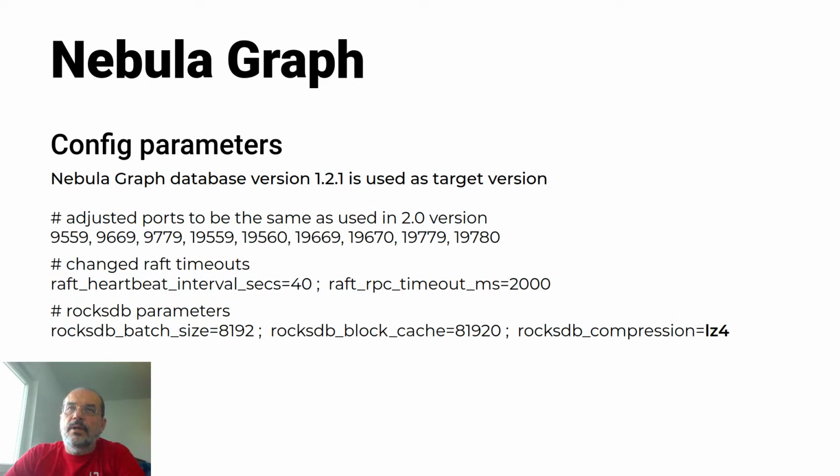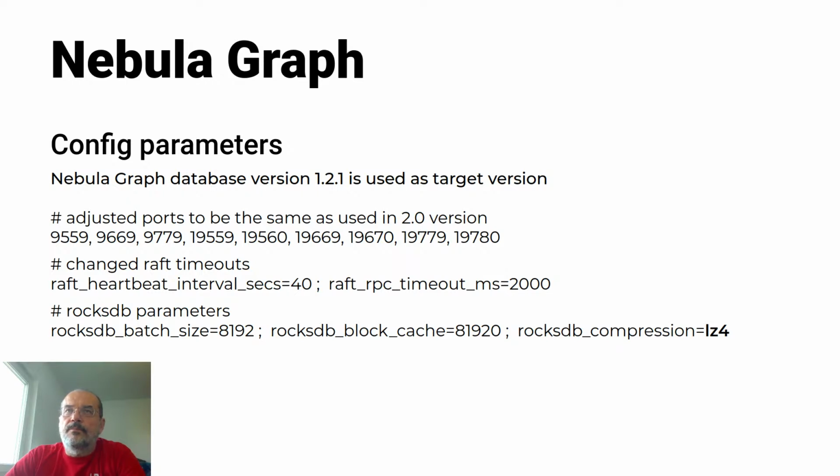Some configuration parameters for the graph database. We based our system on Nebula database version 1.2.1, which we considered mature at that moment.